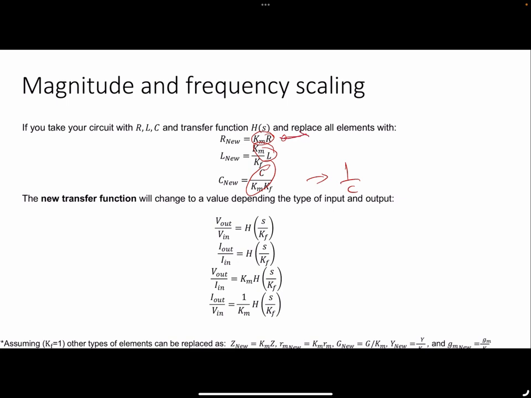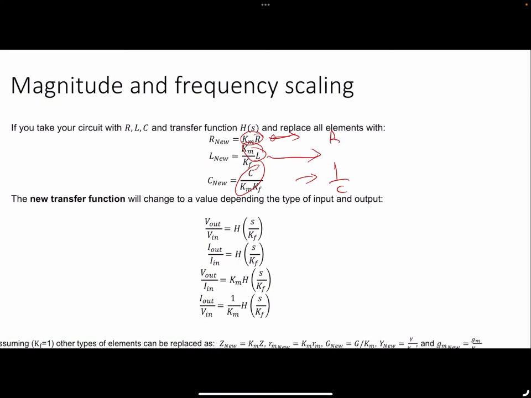Whereas here, the impedance is proportional to R, and here the impedance is proportional to L. What I mean by proportional, well, the impedance is sL, and here it's 1 over sC. So when I multiply this impedance by Km, the resistance becomes KmR. When I multiply that impedance by Km, the inductance becomes KmL. And when I multiply the capacitance impedance by Km, it becomes C over Km.